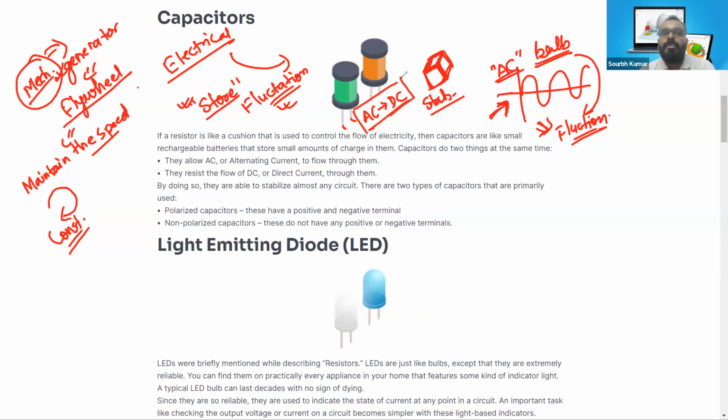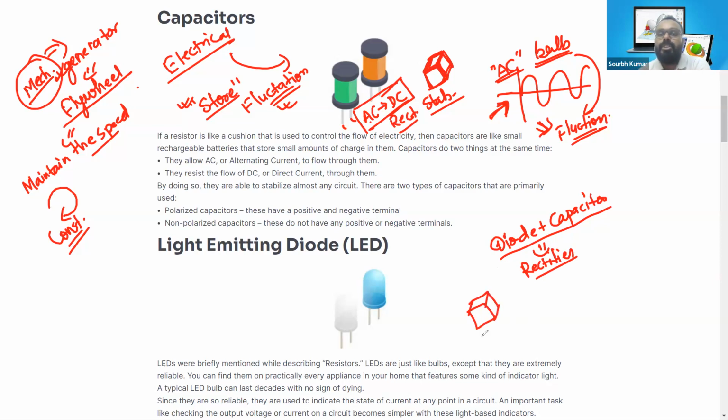So for alternating current to DC current, we need to use the rectifier system, and a rectifier is nothing but a combination of diode plus capacitor. The combination of diode and capacitor forms the rectifier module, and you need those rectifier modules in your robotics project to convert AC currents directly to the desired voltage.